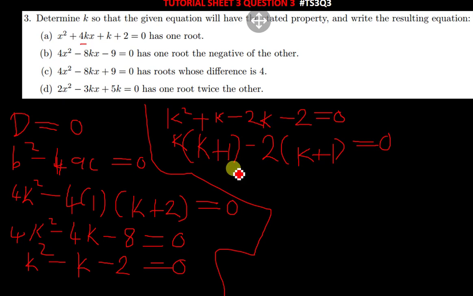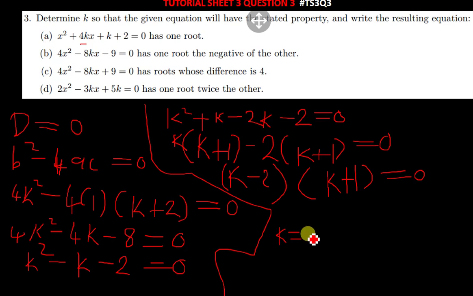So you put the k minus 2 together, and the k plus 1 you also put together. When you equate these independent factors to 0, you get k equal to positive 2 and k equal to negative 1.